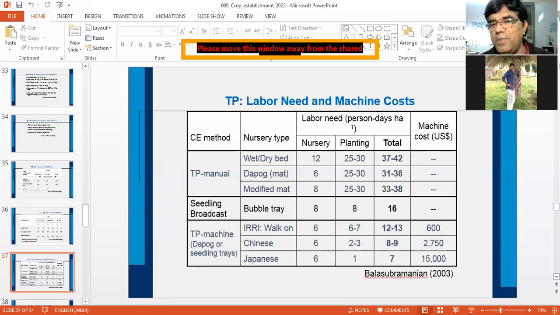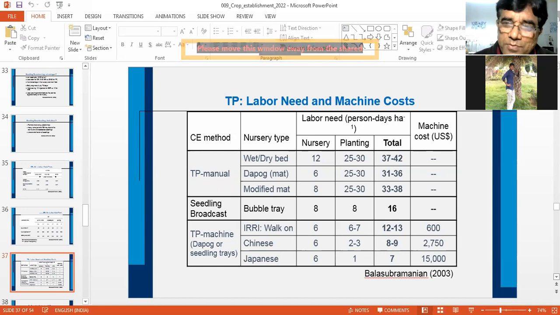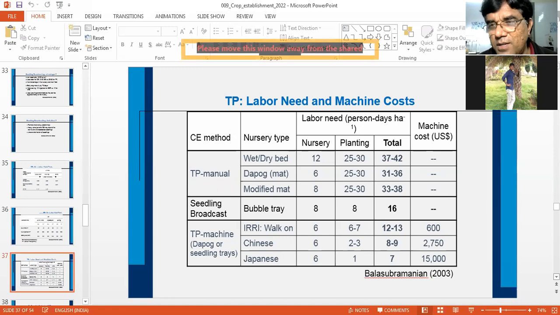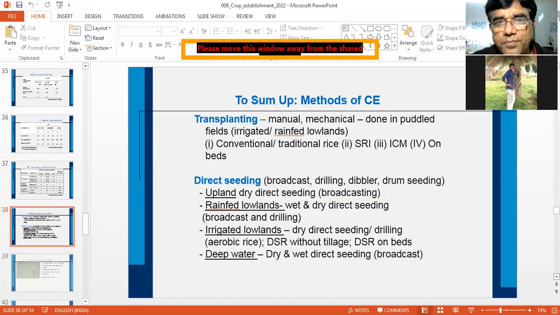So you can see the requirement for labor is reduced by machine. So this is interesting, but some cost is there. So cost for labor is also there. So overall, we have done some economics, and this machine transplanting is really cheaper in the long run than the manual transplanting. So that is why nowadays people are switching over to machine transplanting.